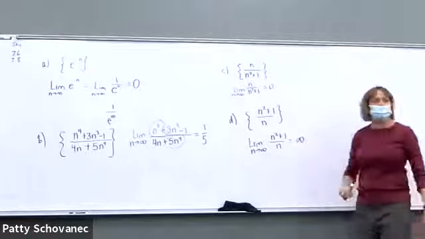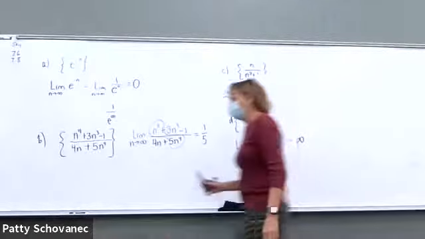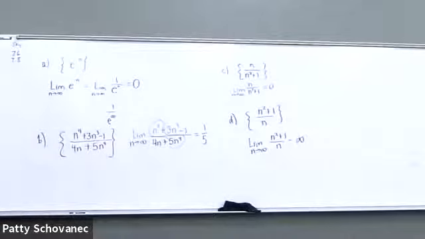Then it grows without bound, right? So if you have things that have powers on them, then you can just kind of look at the ratio of the powers. Remember all that from Cal 1?